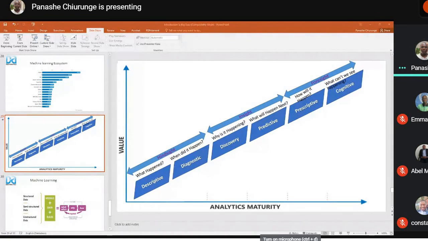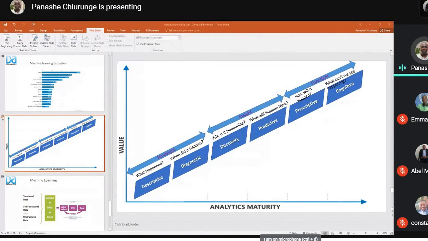Then after discovery analytics, you've got predictive analytics. Predictive analytics is forecasting, right? It is what will happen next, everything that you're seeing far ahead in front of you. That's predictive analytics. Predictive analytics and discovery analytics are what we call insight, right?